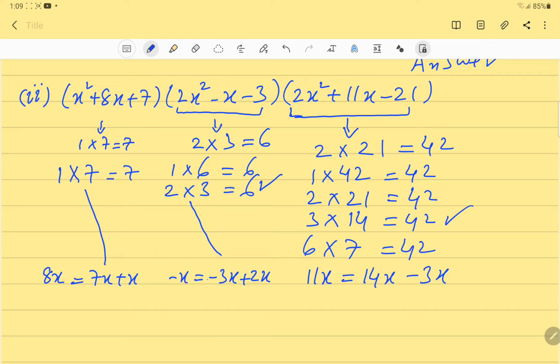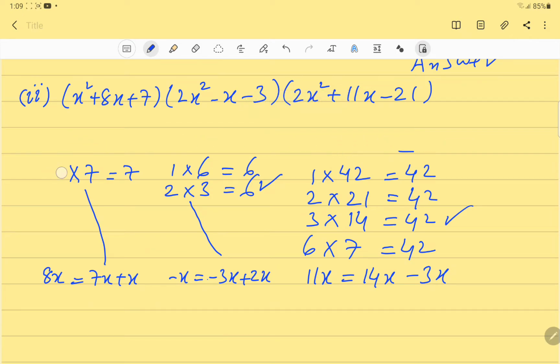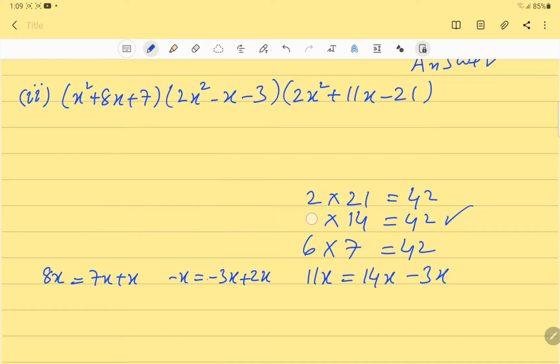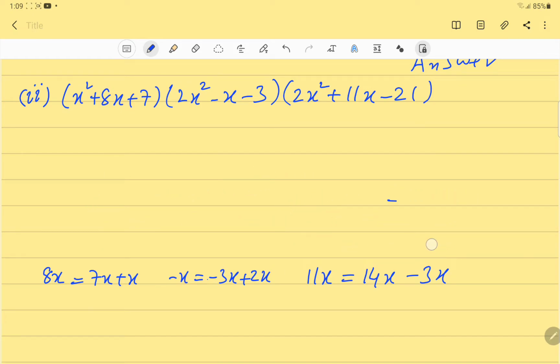Let's get rid of our rough work. Now we will replace these values here in our expression. x squared, instead of plus 8x we will write plus 7x plus x.